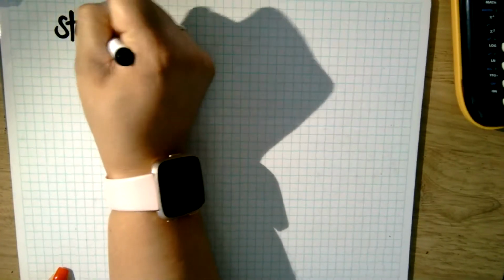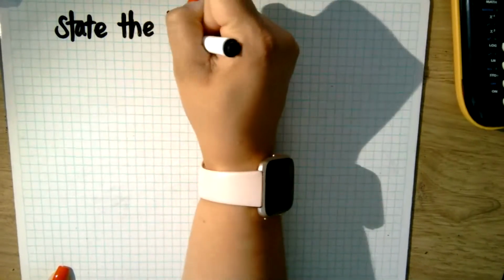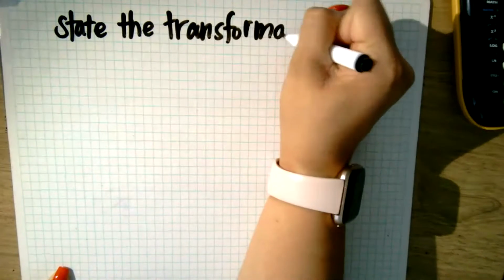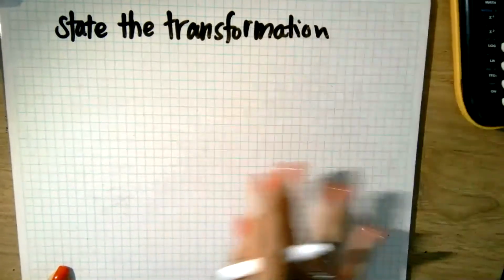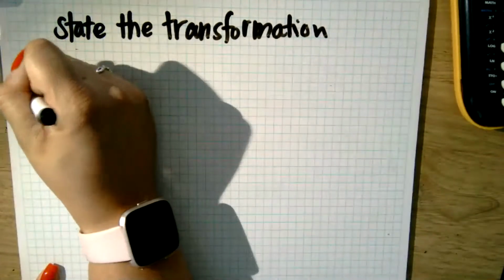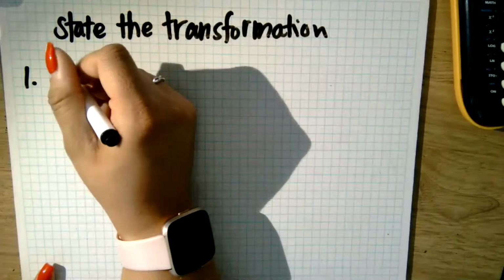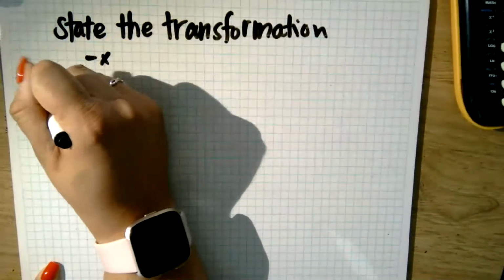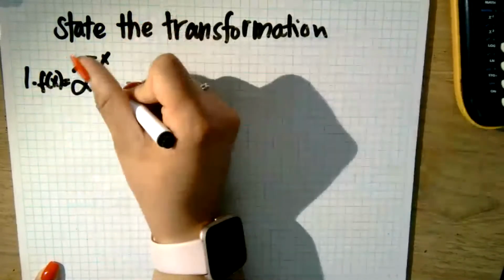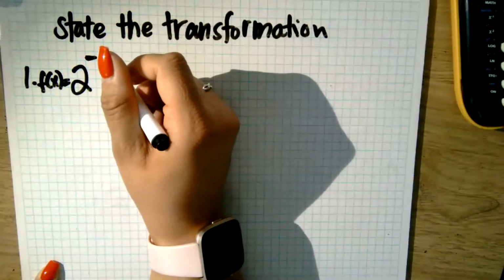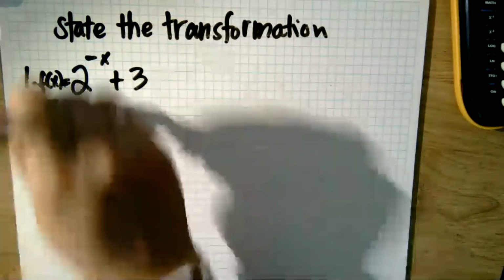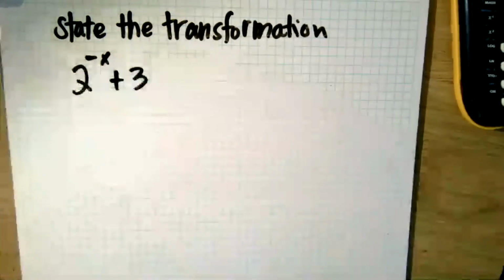So let's see. State the transformation. Number 1, let's call this f of x equals 2 to the negative x plus 3.